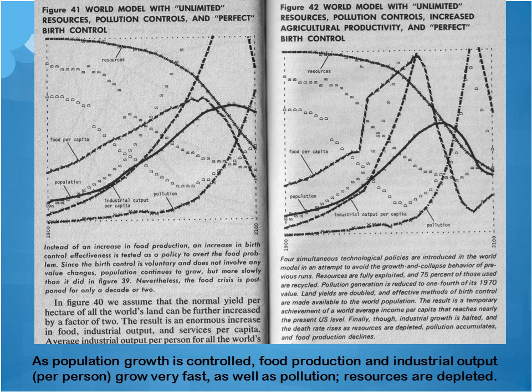The outcome of this is that because population is controlled, food production and industrial output per person grow very fast. But then pollution also, even if you have it controlled, will grow because you're generating more food, you're generating more output. Industrial activity generates pollution, and essentially all this growth of food production and industrial production drives down resource availability. So essentially resources are depleted in both cases.